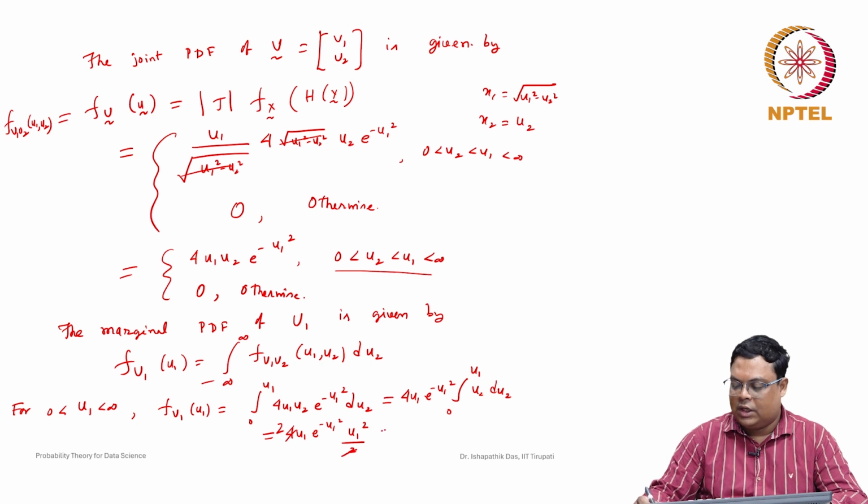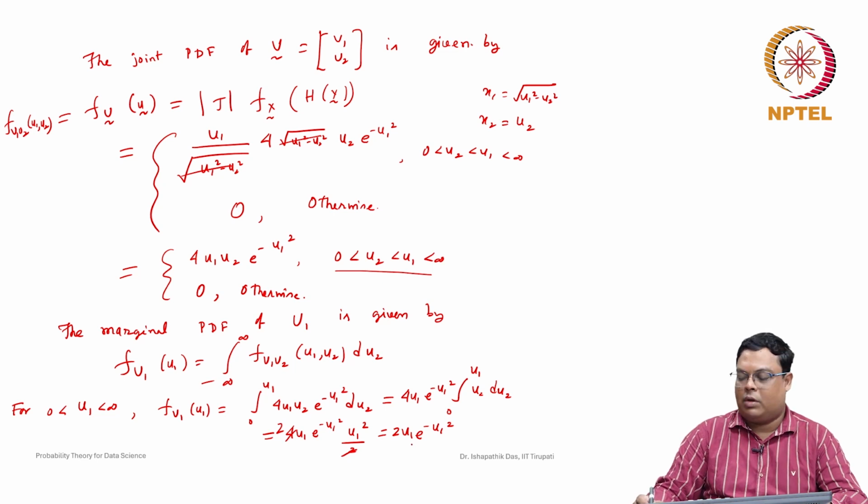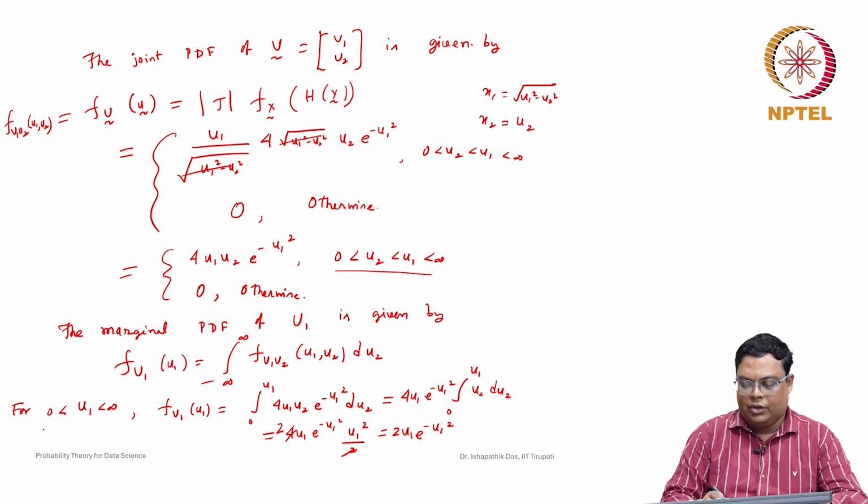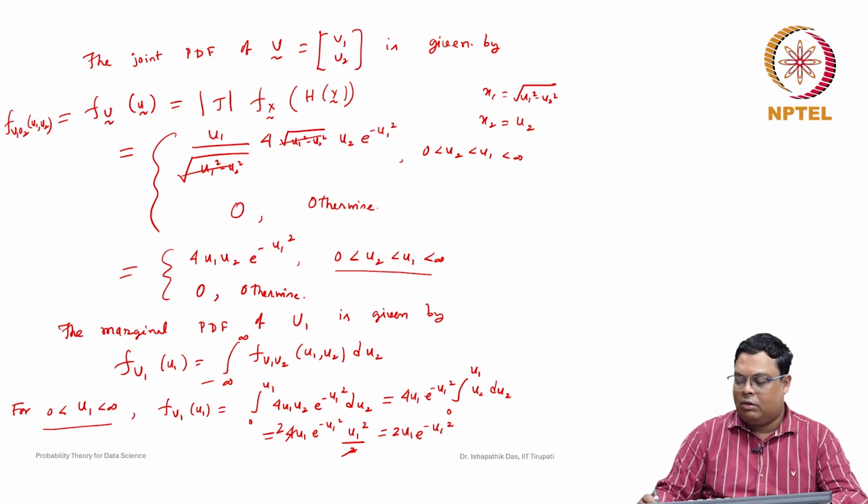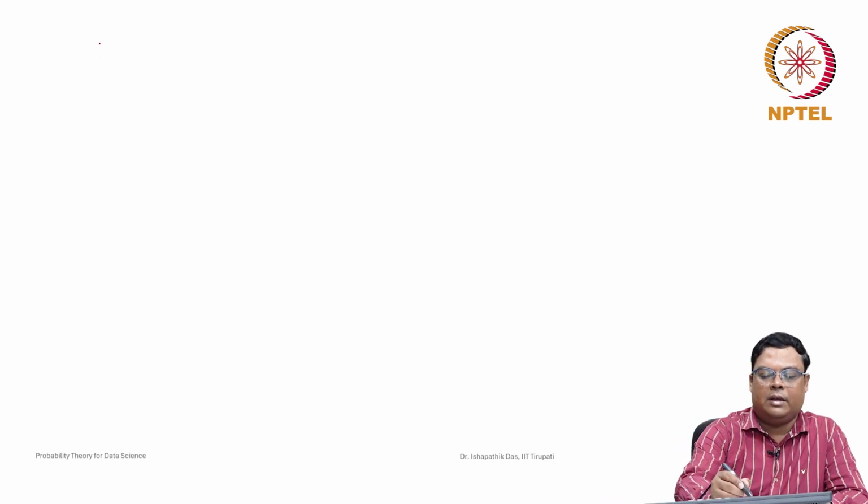So this is equal to 2 u1 e to the power of minus u1 square, for u1 between 0 and infinity. For any other value this is 0. So finally we write the marginal probability density function.